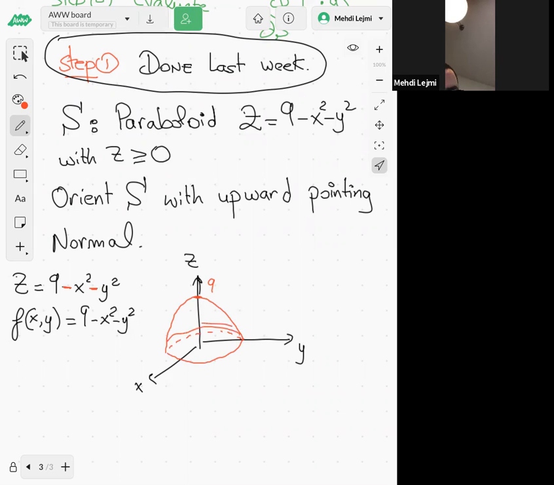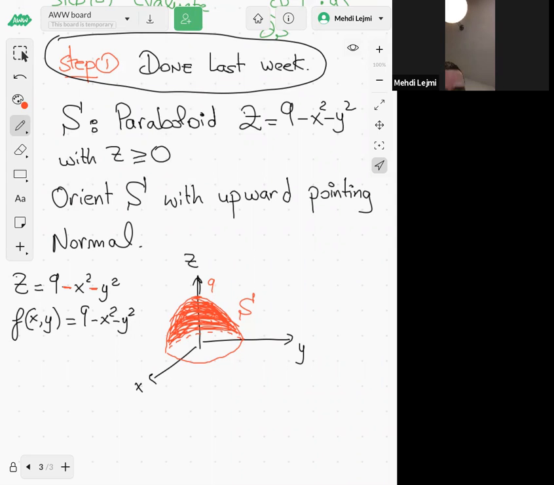So that's my surface S. The z, of course, must be positive or 0, so that's the portion which lies over the xy plane.